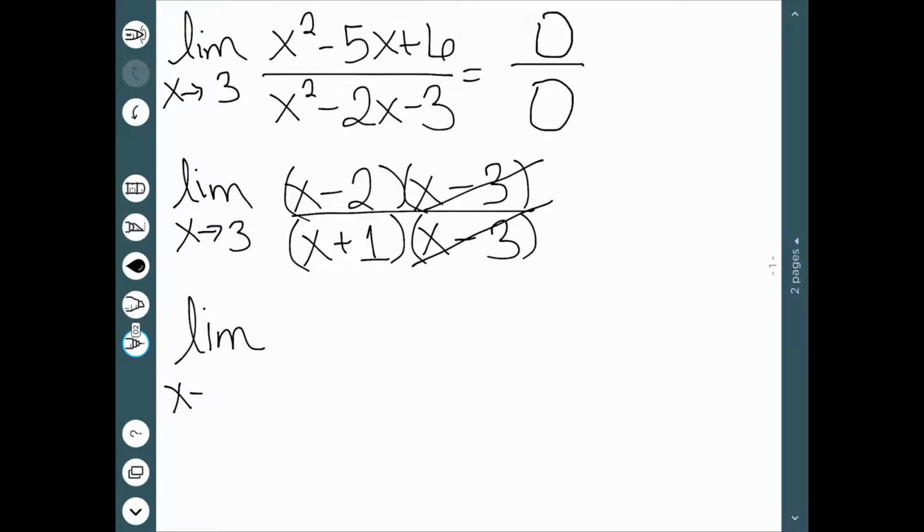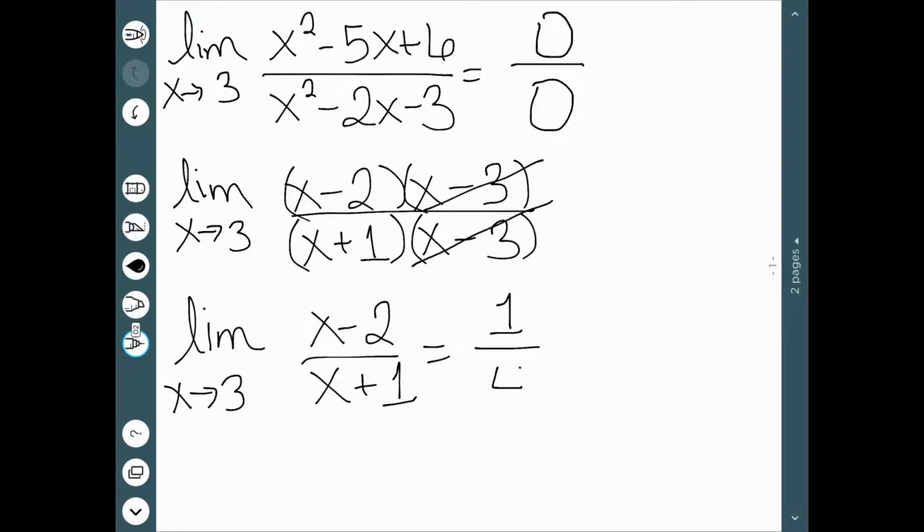So now I just have the limit as x approaches 3 of x minus 2 over x plus 1. Now when I actually evaluate at 3, I have 3 minus 2 and 3 plus 1, so I get my answer of 1/4. So if you do get a 0 over 0, this is one strategy to start with: try to factor and see if things cancel nicely.